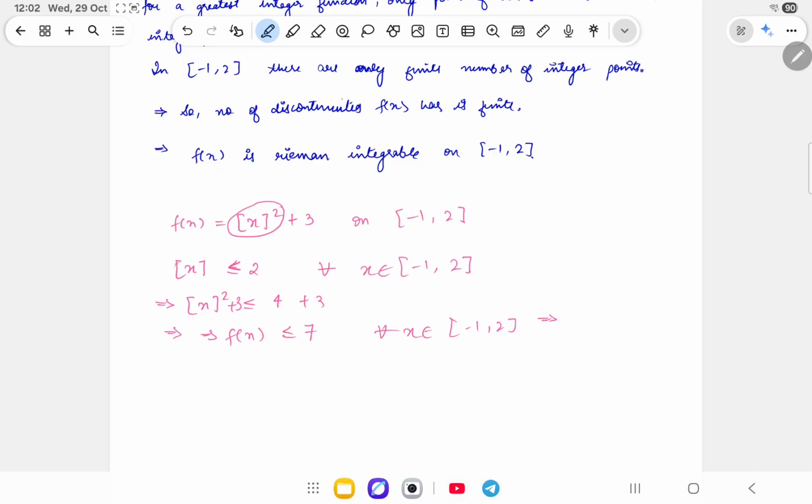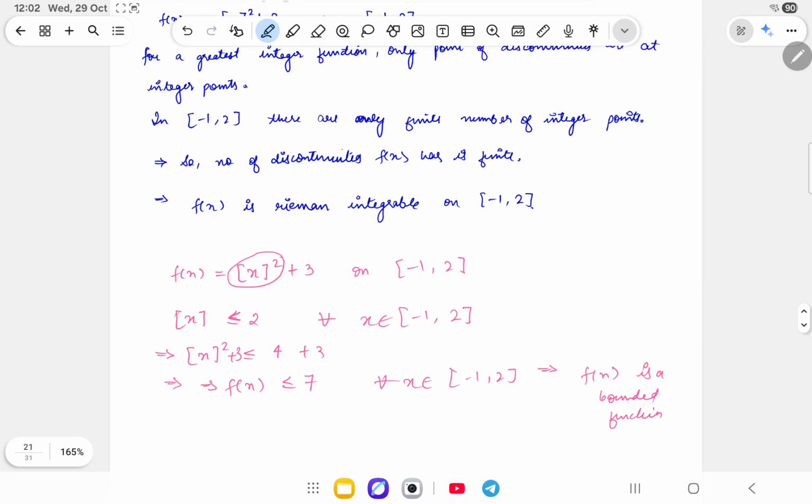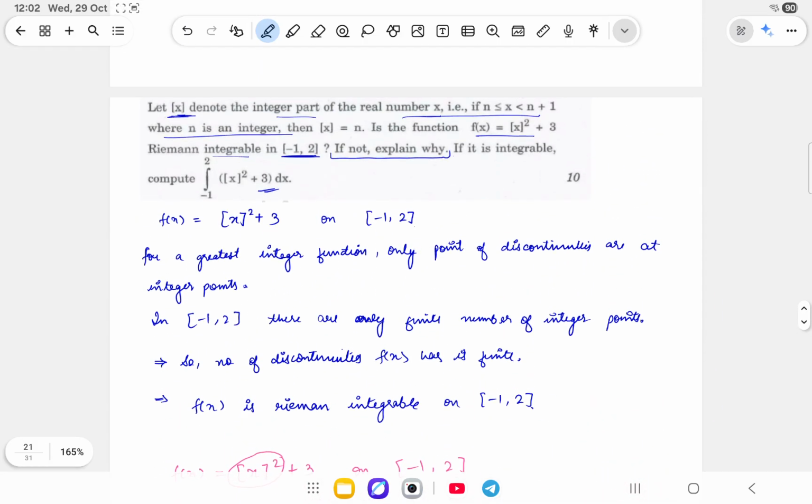So we got that the function f(x) is a bounded function, and since it's bounded and has discontinuities only at a finite number of points, we can claim that the function f(x) is Riemann integrable. So that completes the first part.